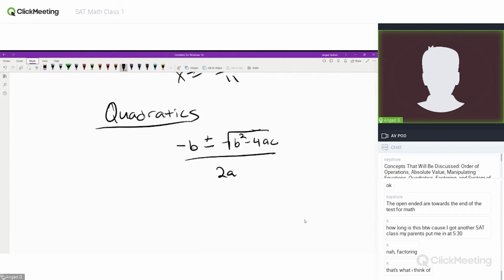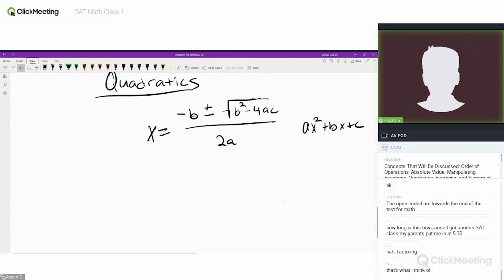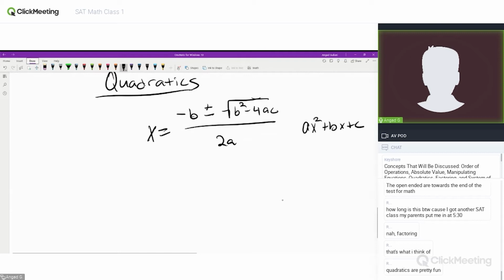So this is the quadratic formula, and basically this is a way you can solve for whatever x is if we're given ax squared plus bx plus c, a binomial in standard form. The way we would use this is just plug in these coefficients into this formula to find what x is equal to.